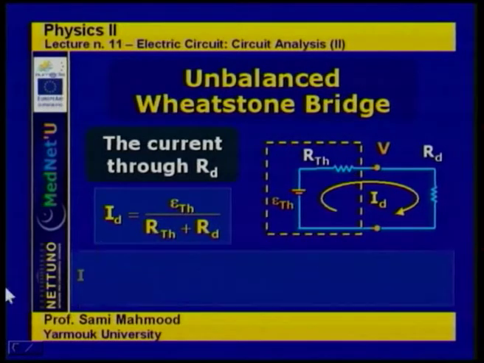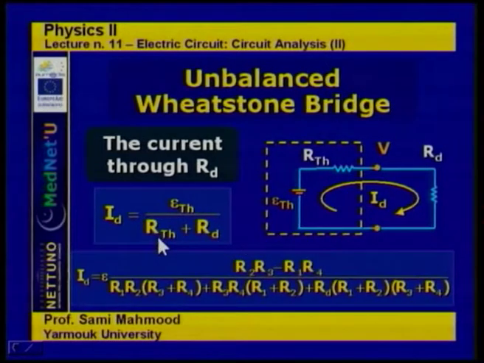Now, substituting for these values, for epsilon Thevenin and R Thevenin, as we have obtained, we will get ID is equal to epsilon times (R2 R3 minus R1 R4) over R1 R2 times (R3 plus R4) plus R3 R4 times (R1 plus R2) plus RD times (R1 plus R2) times (R3 plus R4) in parentheses. And this gives us the result of ID.